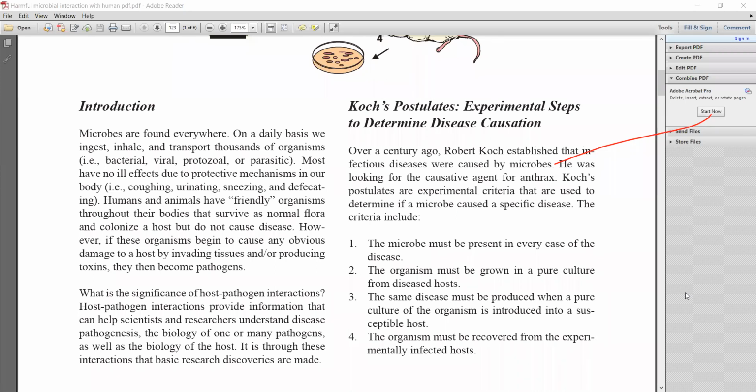Then the disease that is caused because of the inoculation of that particular organism must be the same that you had seen in the very beginning.